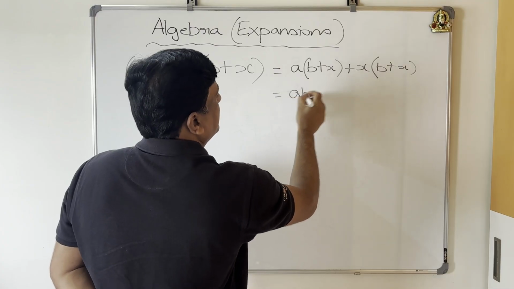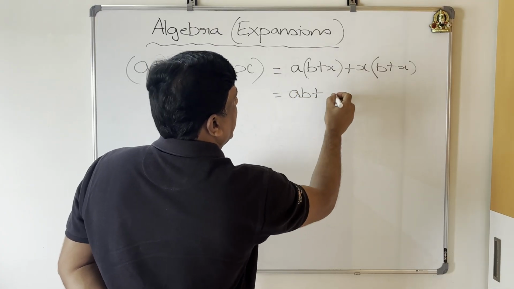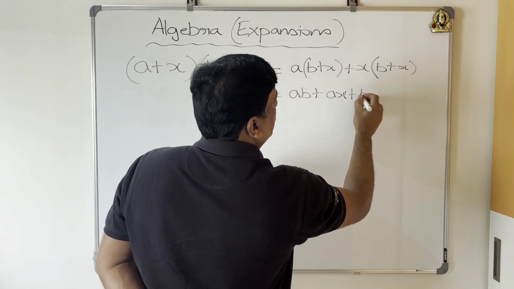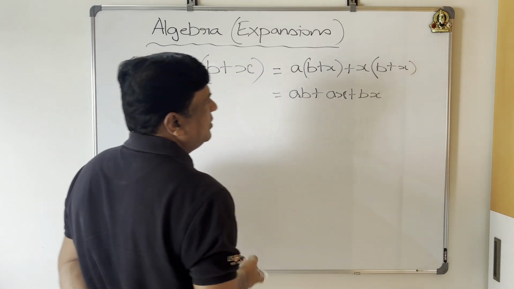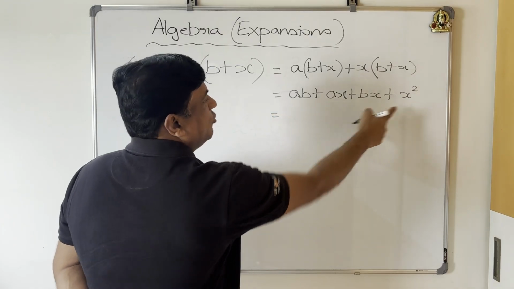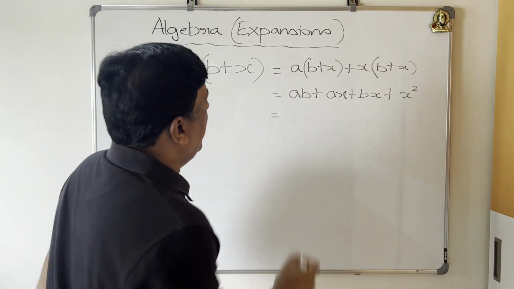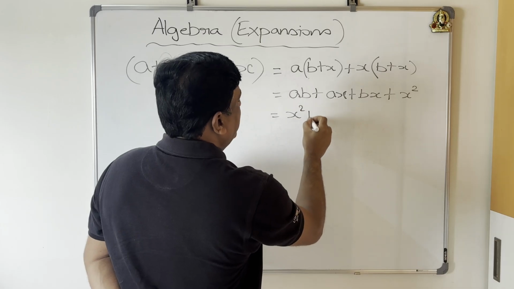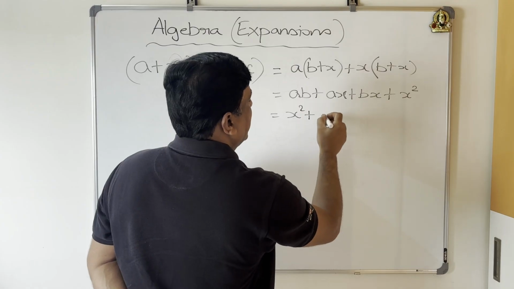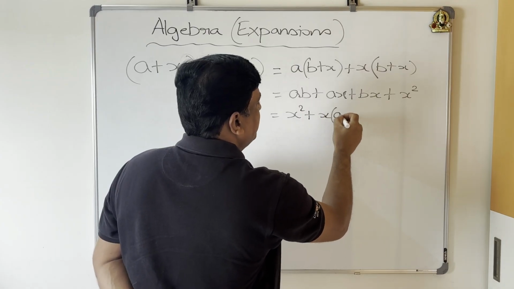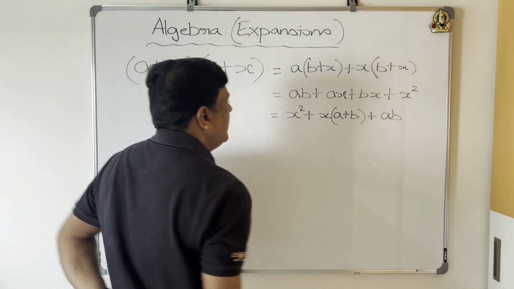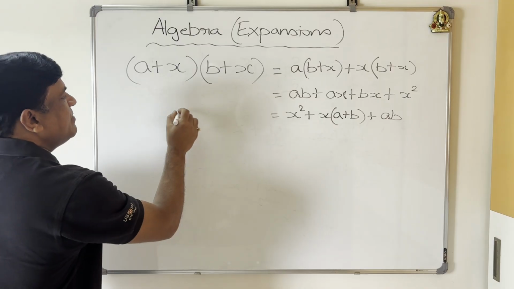I get ab, right, plus ax plus, this is b times x, so I'm always going to write it in alphabetical order, and then this becomes x square. So what do you get over here? If you look at it, I'll remember this formula as x square plus, here x is common between these two. I can write it as x times a plus b plus ab. Okay. This should be equal to the same as like this.